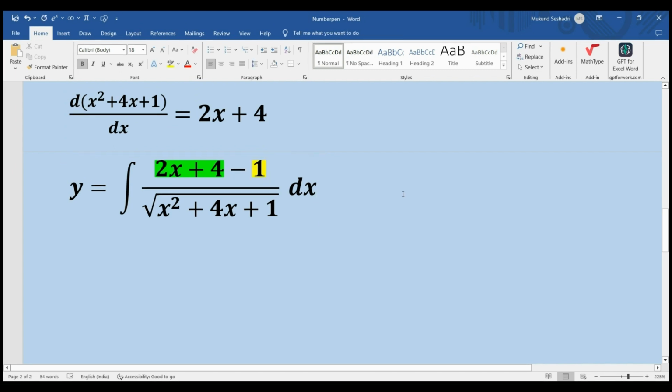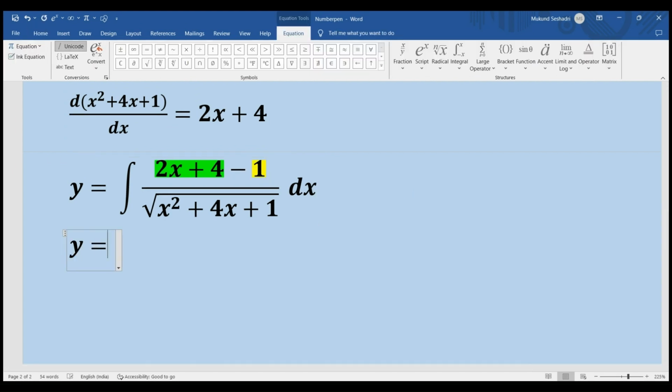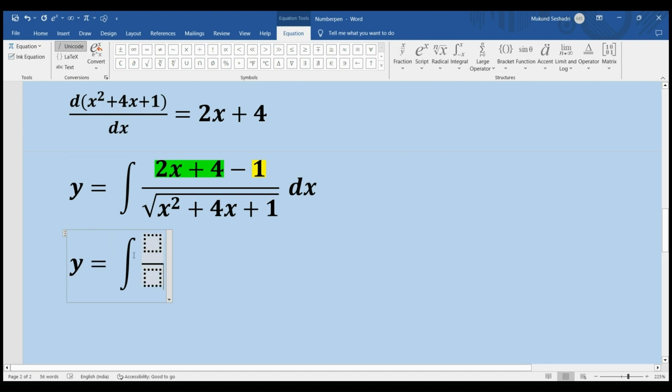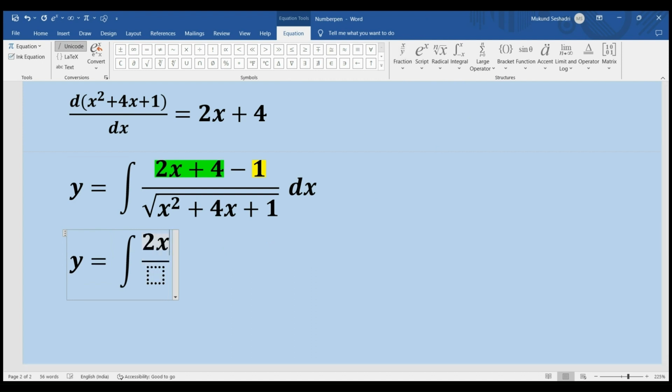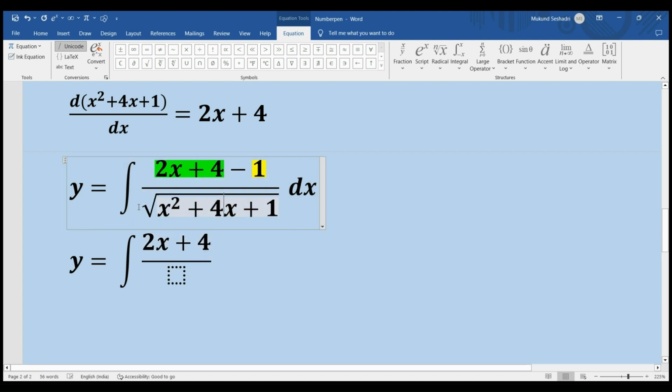So now in the subsequent step, I will apply the sum rule of integration. And what do I get? So my part 1 will be 2x plus 4, the one which I've highlighted in green, the whole divided by square root of the given quadratic expression times dx.